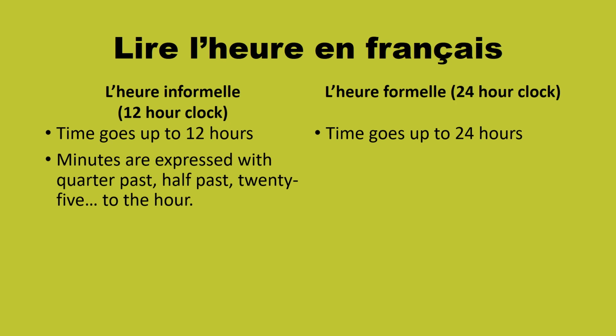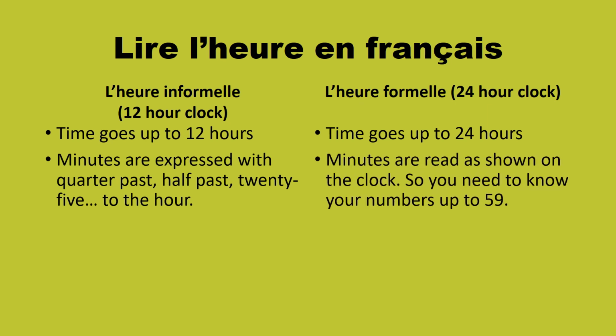The minutes are expressed with quarter past, half past, 25 past, or 25 to the hour, whereas with the 24-hour clock, we just read up to 59, and that's why we need to know the numbers up to 59.